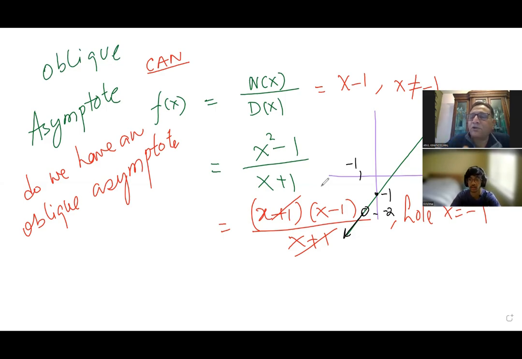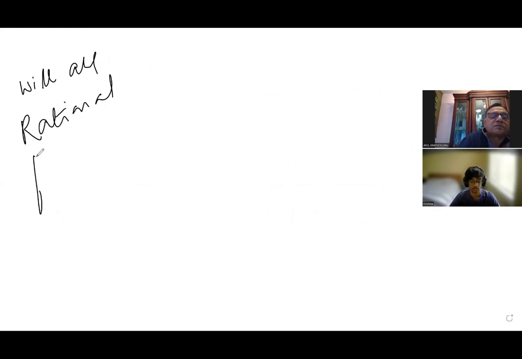Now my question to you is, will all rational functions have a discontinuity? We had a discontinuity, which is a pole at 0. So now my question is, will all rational functions have discontinuity?